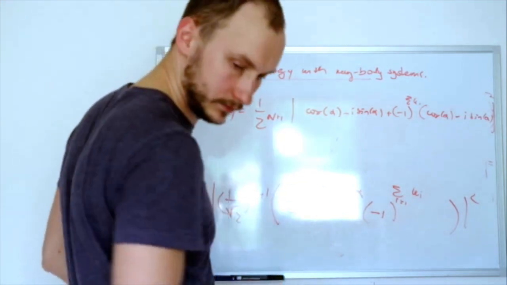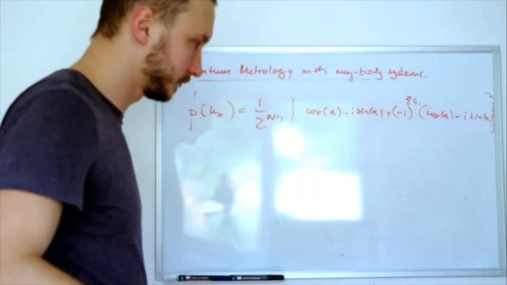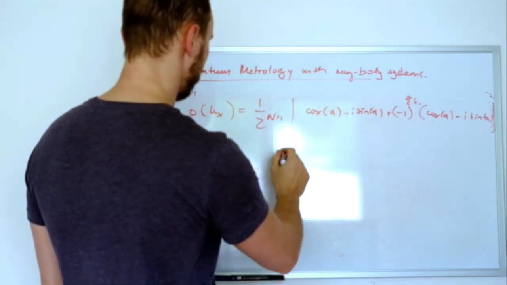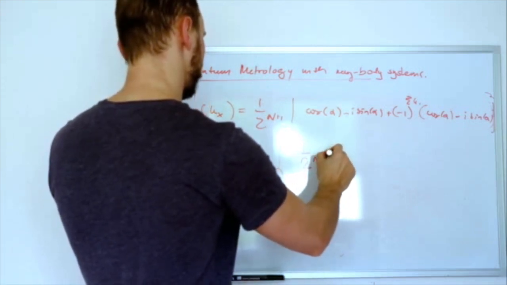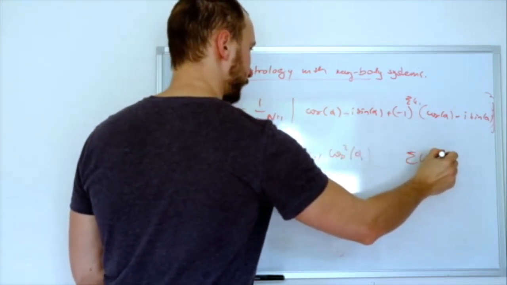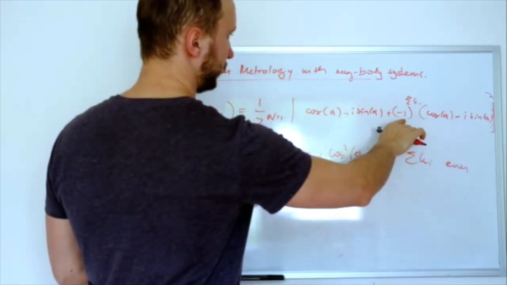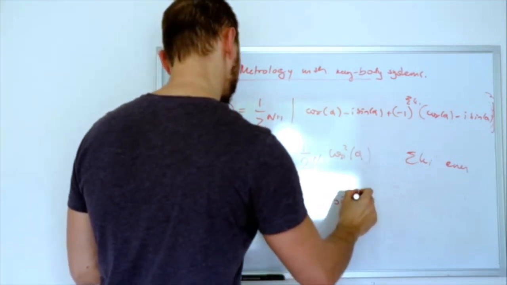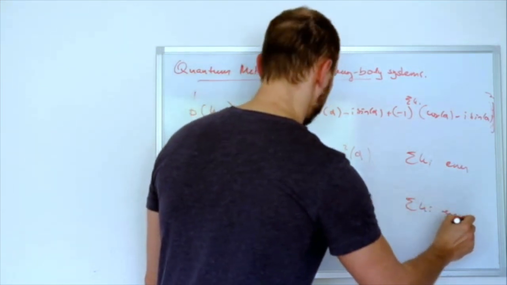So we get that this thing is equal to 1 over 2 to the n cosine squared of alpha if the sum of k_i is even, if it's a plus here, or we get 1 over 2 to the n sine squared of alpha if the sum of k_i is odd.